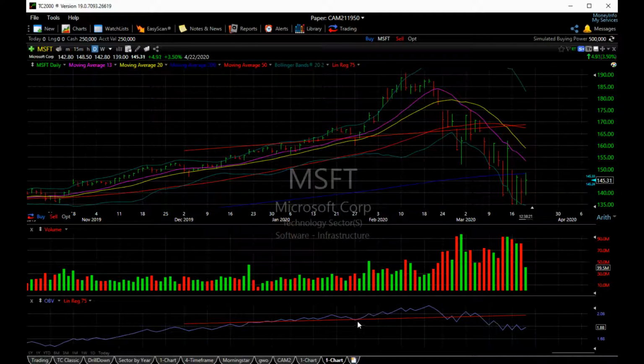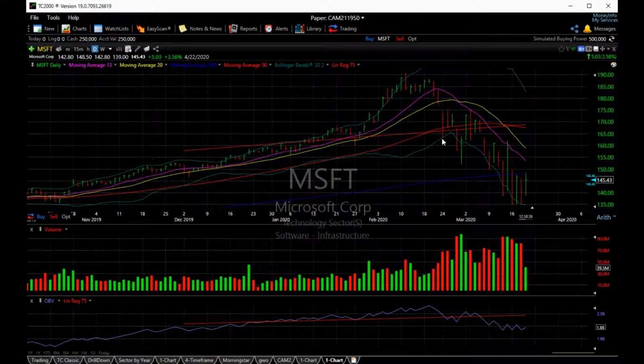What I use here is a linear regression of on-balance volume. May sound complicated, it's not. The linear regression is the distance that we usually get away. It's called two standard deviations.